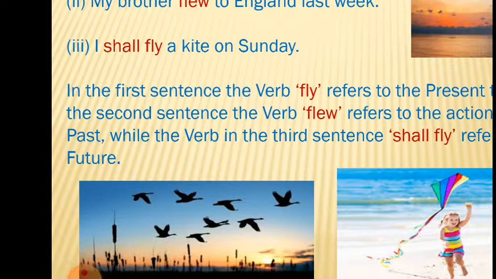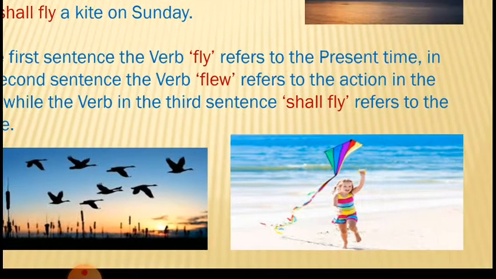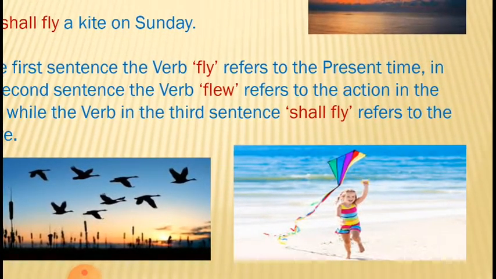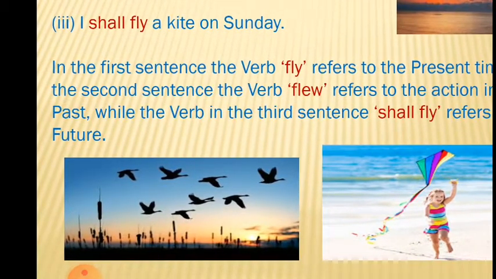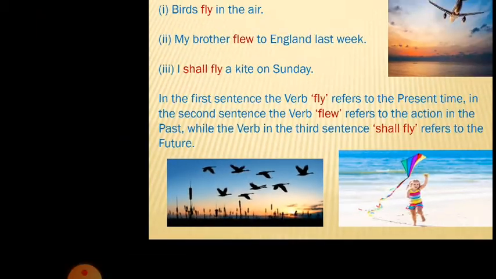In the third sentence, as we see, I shall fly a kite on Sunday. So, the verb in the third sentence is shall fly. Shall is a supporting word that helps the verb fly, and that refers to the future tense.